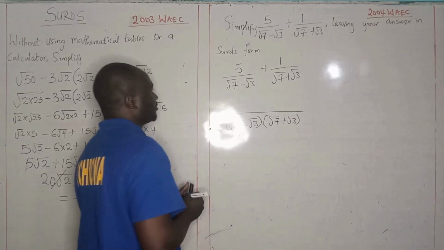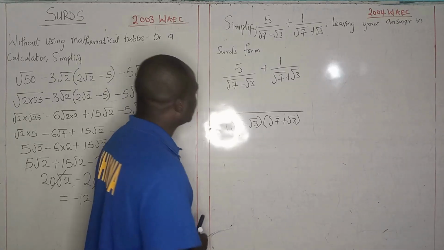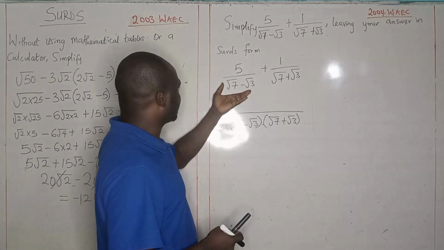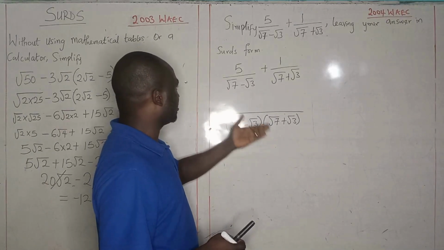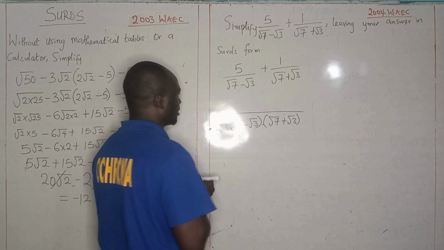Now, what does that mean? This is the LCM. So it means how many root 7 minus root 3 can we find in this? The answer is root 7 plus root 3.